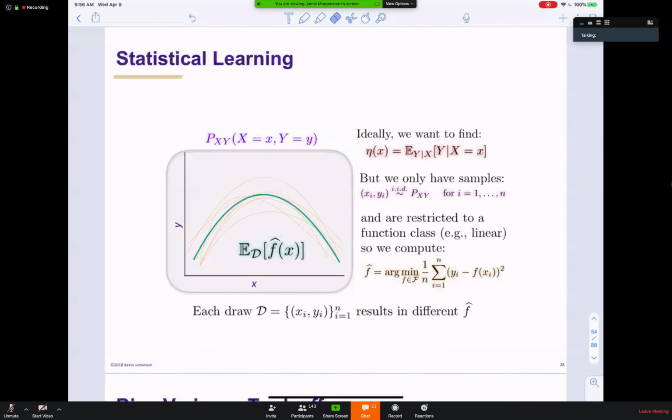Okay. So if we were able to do that arbitrarily many times, there would be some average function that would represent the model we would learn if we did this thought experiment many, many times and then averaged the values together.